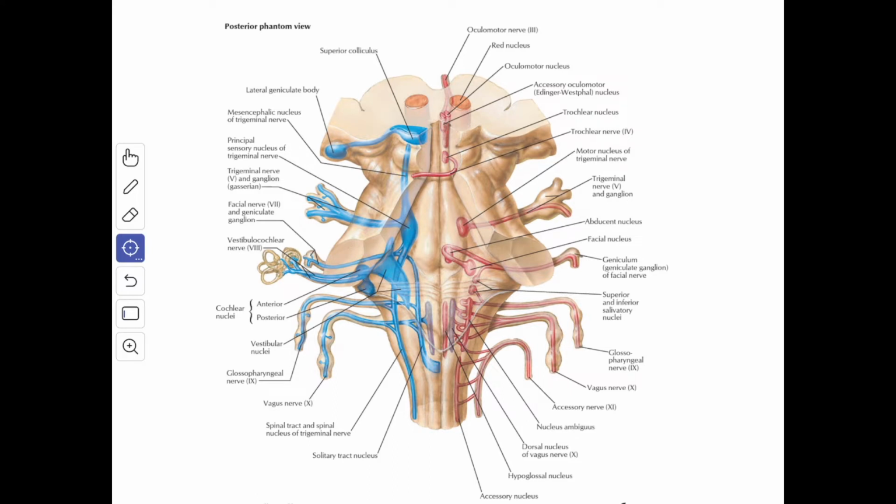Then you have the special visceral afferent fibers which carry the special sensation of taste from the tongue to the nuclei of the special visceral afferent column. This is because the epithelium of the tongue, including the taste buds, develops from the endoderm, that is the viscera.